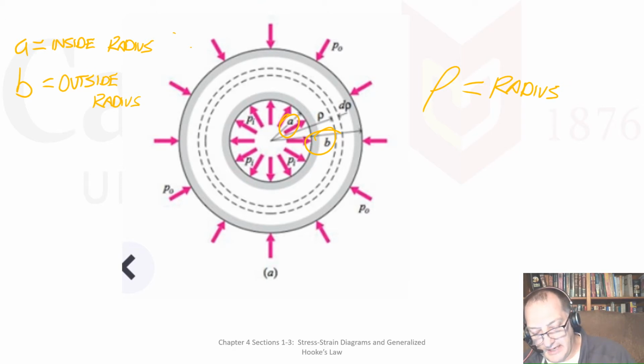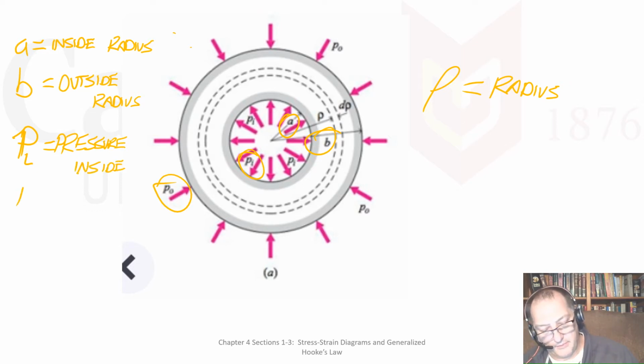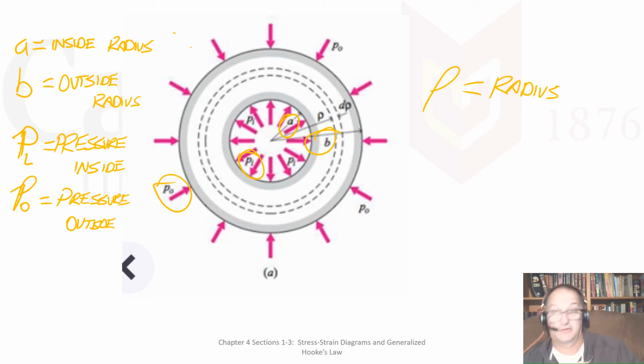And then I've got two other variables, pressure on the inside, P_i, and P_O, pressure outside. And those are going to change gradually across this R dimension.